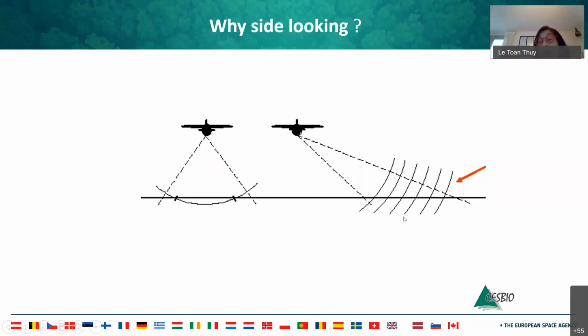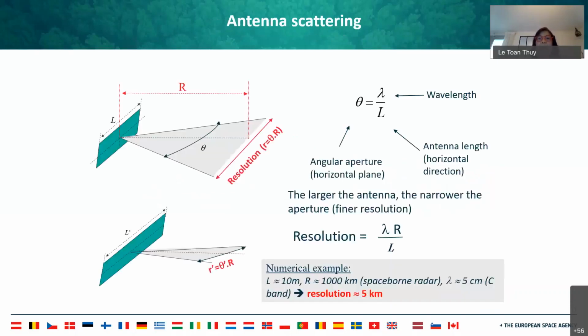And if you want to look at this one, you have a different time for different points on the earth, and that helps you to recognize that this echo comes from that point on the earth. And so you detect the differences in time and the difference in range, and then assign the point to the earth.